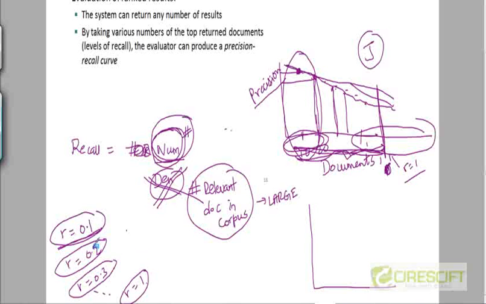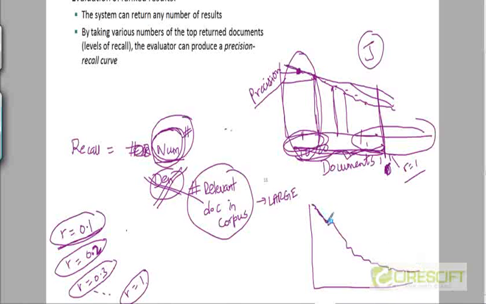Now, if you ask when exactly does the recall become 0.2, it's not necessary that the recall will be exactly 0.2 at some point. So obviously, you will have some kind of a precision-recall curve which will go down like this if you plot it as a function of the number of documents you are considering in your ranked order.